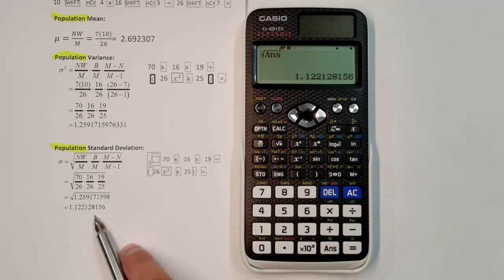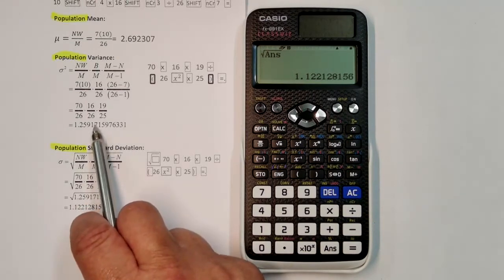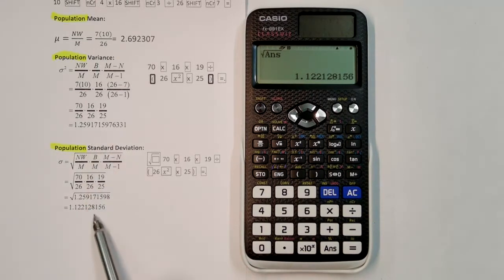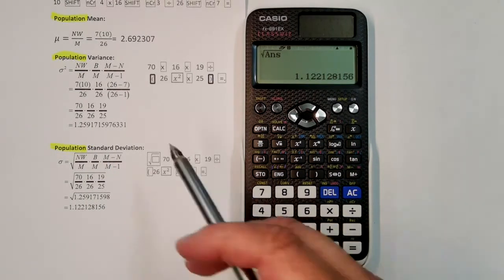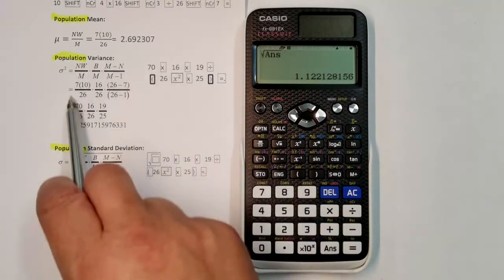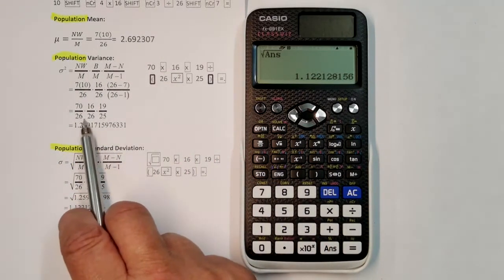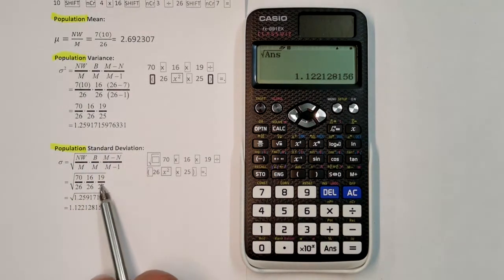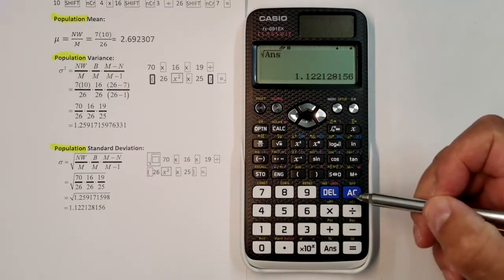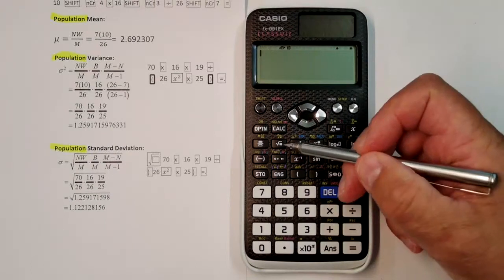So that would be the simplest way, is to find the population variance, then take the square root of it to get the population standard deviation. But maybe you don't want to find this variance first. Well, if you notice, 70 times 16 times 19 over 26 times 26 times 25 is the same number here. So let me show you a couple ways to do that.